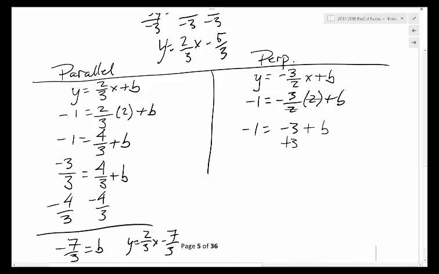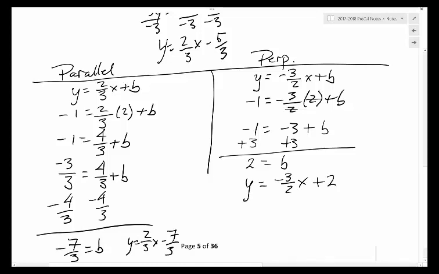Solving for b, I add 3 to both sides, and I have 2 equals b. So when I plug it back into the equation, I have y equals -3/2 x, and a y-intercept of 2.